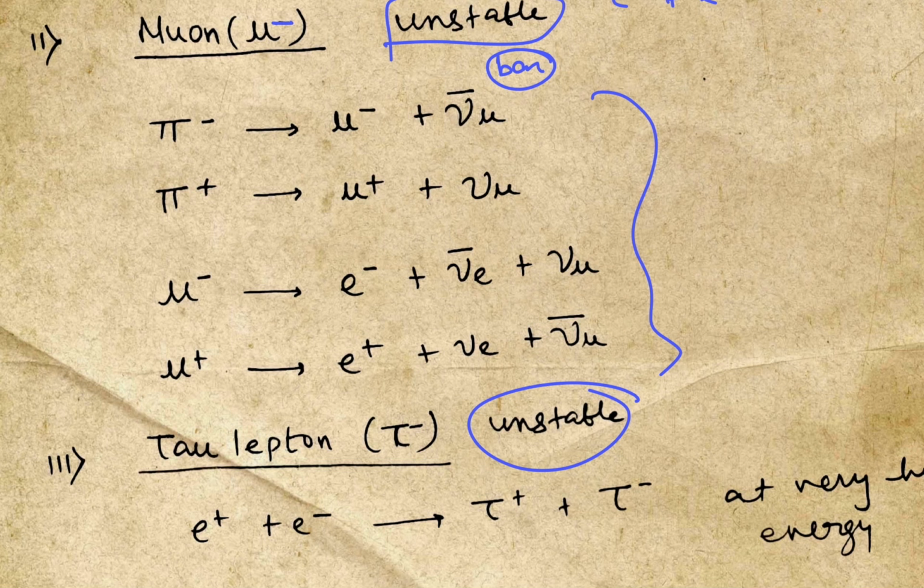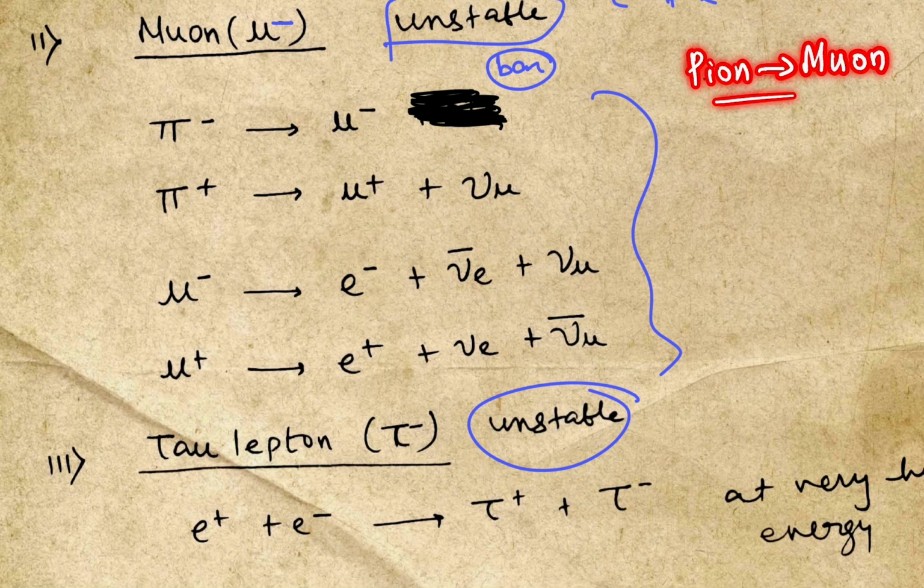Even if I tell you, okay, let me totally cover it. If you know that this is the pion and the pion is converting into a muon, then one neutrino will form, but what kind of neutrino?